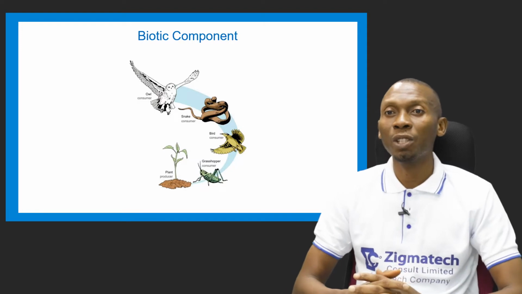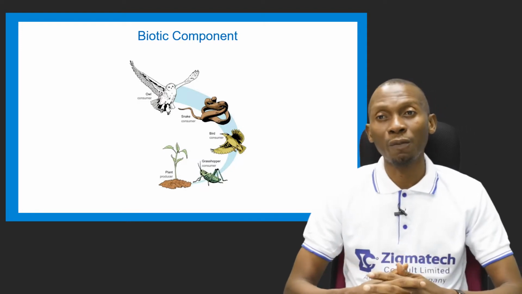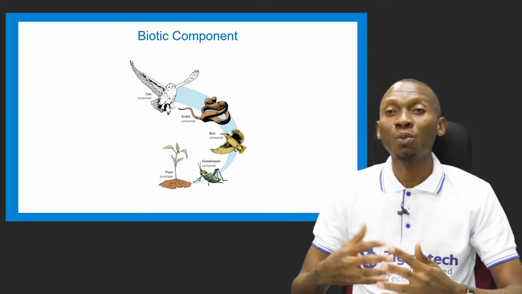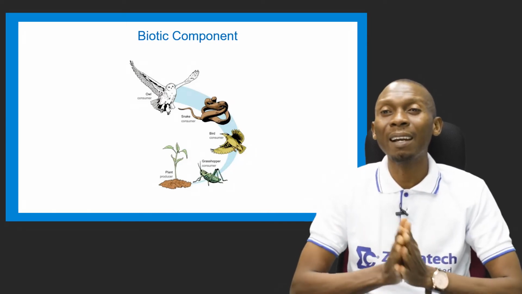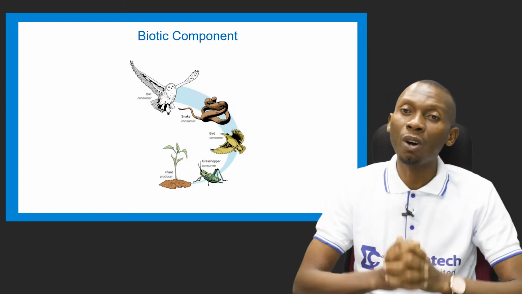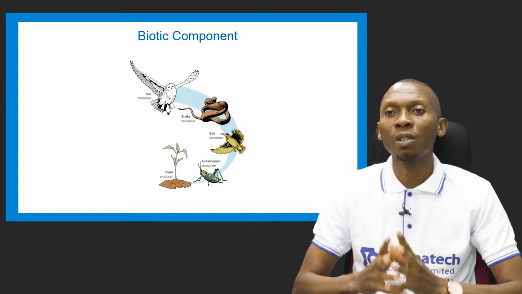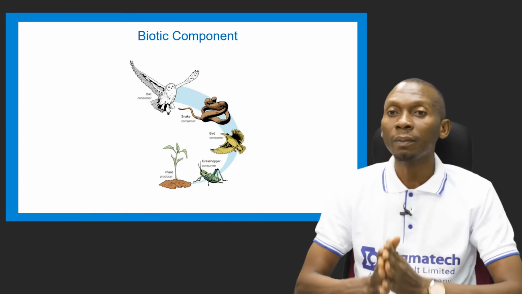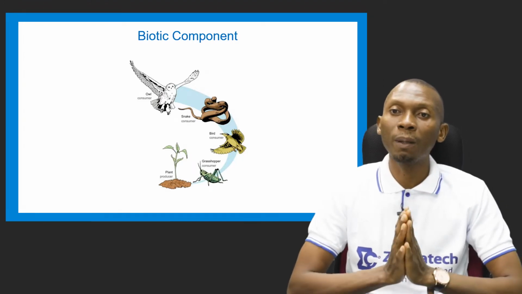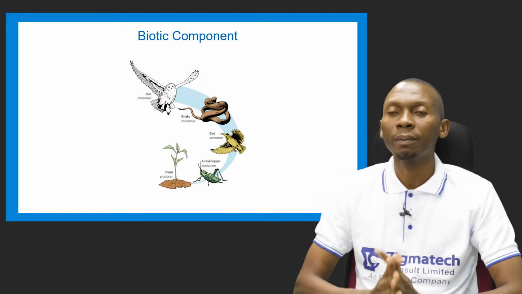Remember, from our definition, we said heterotrophism is the process by which an organism obtains its food, either directly or indirectly, from the autotrophs or the producers. So the grasshopper, which is a consumer now, obtains the food from the plant, which is a producer.